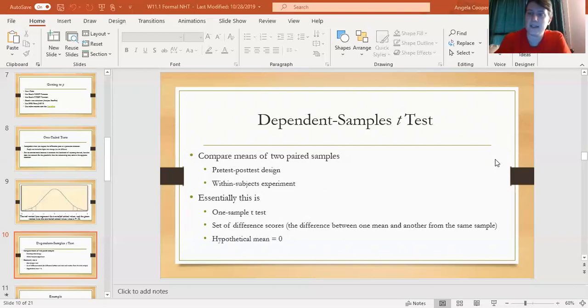A dependent samples t-test is done similarly to a one sample test, in the sense that we calculate the t-test by finding the difference. We take your scores the first time you took the test and the second time and subtract them, and that difference between them is what we use for our analysis.